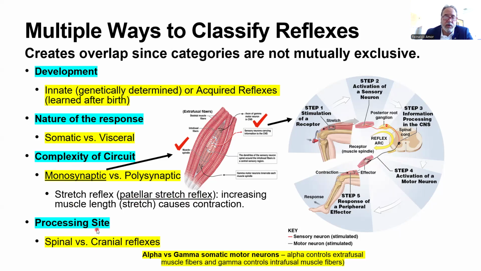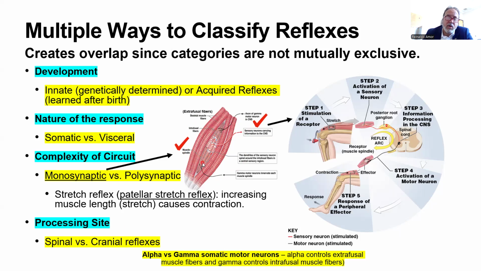Now, also you can classify reflexes by their processing site. If the processing is happening in the spinal cord, you call it spinal reflexes. If it's happening in the brain, they're called cranial reflexes. Okay, and just so you know, here is a picture that shows you where the muscle spindle is, this internal structure here.